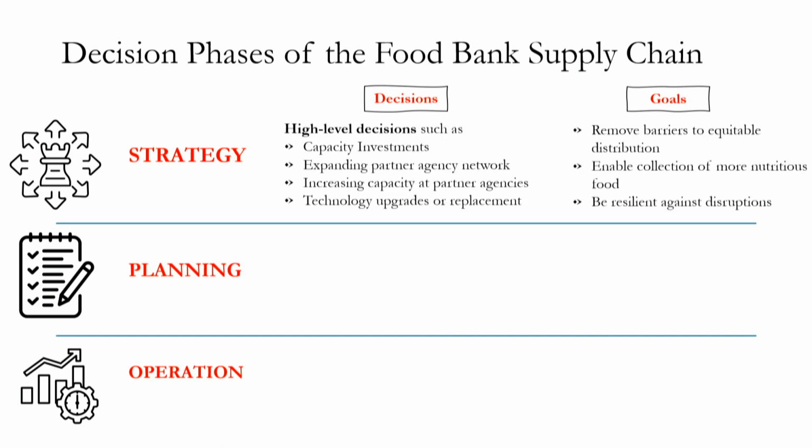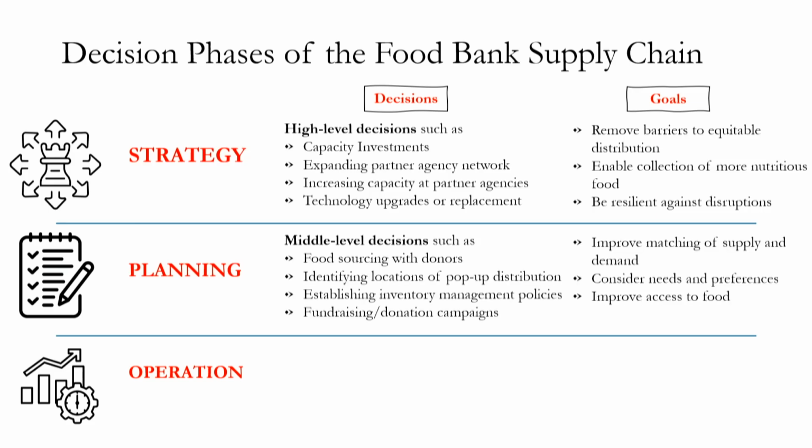Strategic decisions usually establish the overall structure of the network, and they determine the capacities under which the subsequent phases must operate. These are high-level decisions, such as capacity expansions or technology upgrades, and food banks' main goals in making these decisions are to remove barriers to equitable distribution, enable collection of more nutritious food, and be resilient against disruptions.